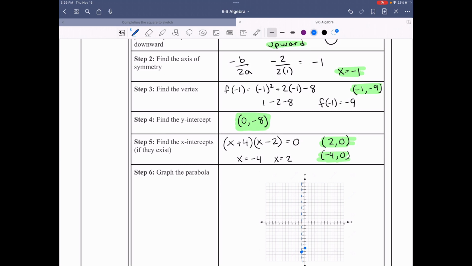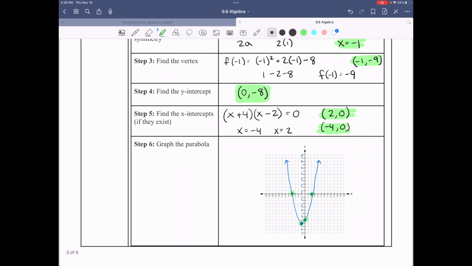Our x-intercepts are 2 and negative 4, and our intercepts are equidistant from the axis of symmetry because it makes a mirror. When you're ready, turn the page.